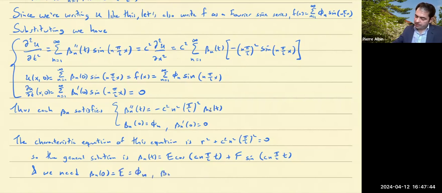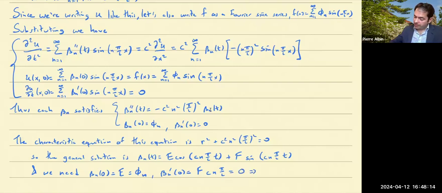And beta n prime of 0. So the derivative of cosine is going to be minus sine. Evaluated at 0, you get 0, so this isn't going to matter. And then the derivative over here, we would get F times c n pi over L times cosine. Cosine of 0 is equal to 1. So we just get this, and we want that to be equal to 0.